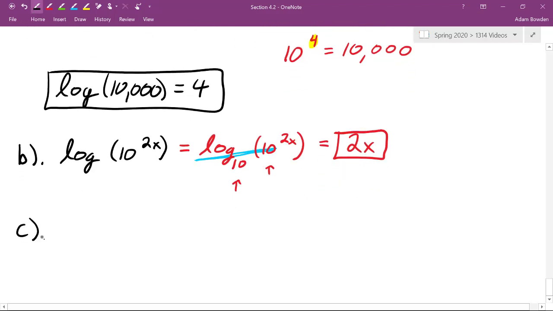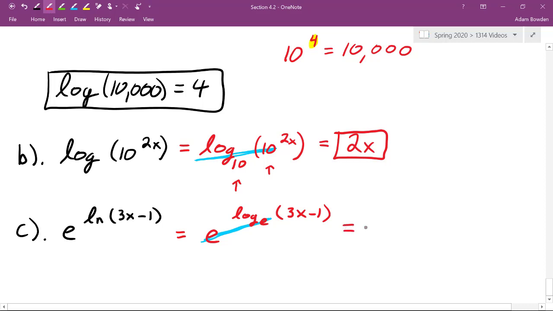And this also happens with e to the natural log of 3x minus 1. So keep in mind again that ln is log base e. So if I put the log base e here, we have e raised to the log base e. Those two will cancel out completely, and this will just be simply 3x minus 1.